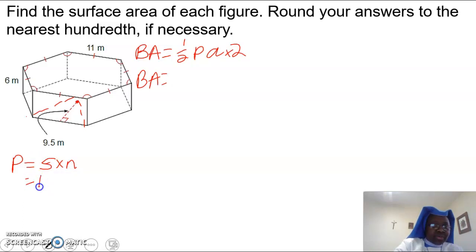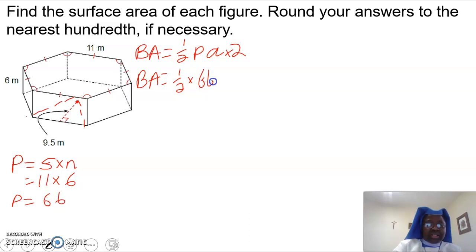One side is 11, times 6, so 66. Substitute the perimeter, 66, times the apothem. We remember that the apothem is drawn from the center of the polygon to the side and is perpendicular to the side. That's how we know 9.5 is the apothem. So we have 9.5, and then times 2.